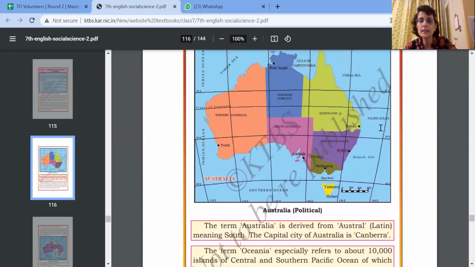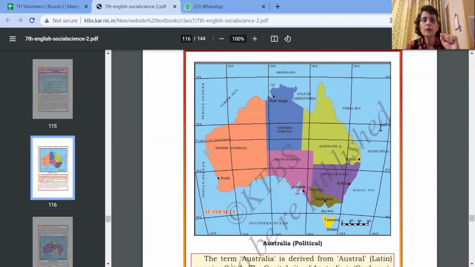So if you see the map, we have the Timor Sea here, we have the Indian Ocean here, and we have the Pacific Ocean here, and we have a Bass Strait between Tasmania. This is Tasmania. So we have the Bass Strait in between Tasmania. Here is the Arafura Sea.